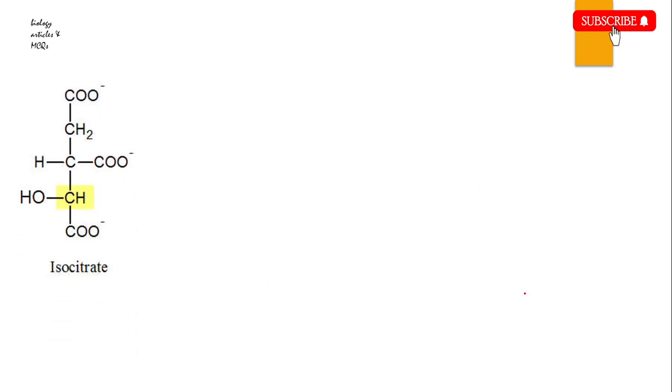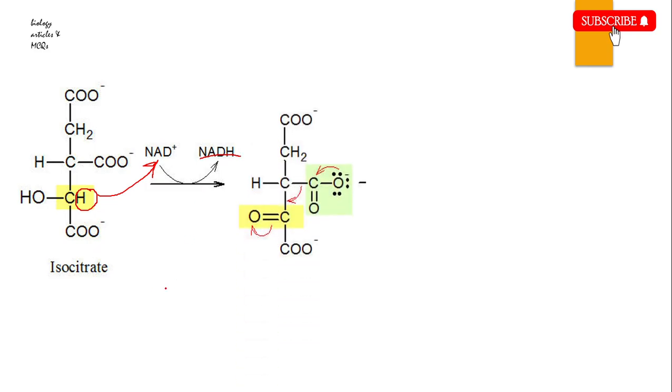Now in the third step, there is the isocitrate molecule, and first of all the conversion will take place: there will be the removal of a hydrogen from here, and this hydrogen will be received by NAD positive, converting it into NADH, forming a molecule like this. Here you can see that hydrogen is removed from here, and there is the formation of a double bond at carbon number 2.